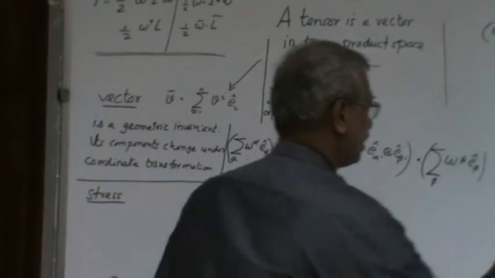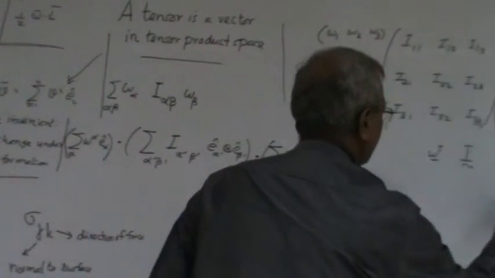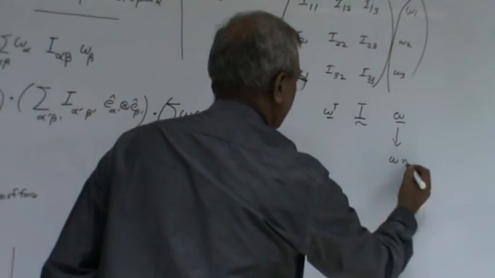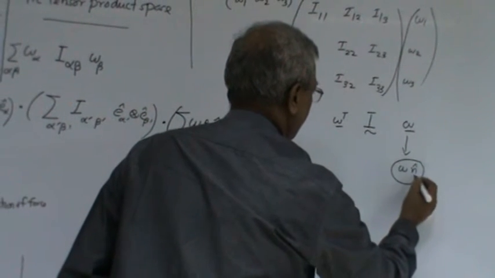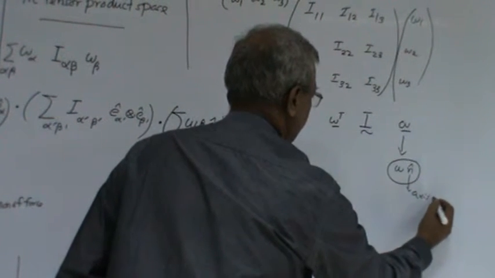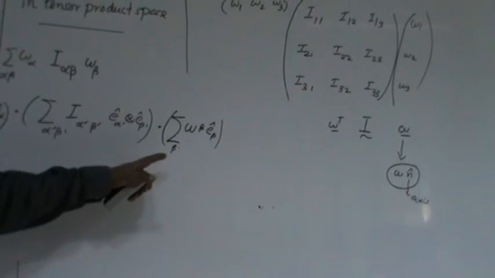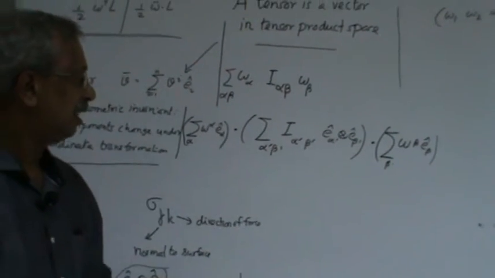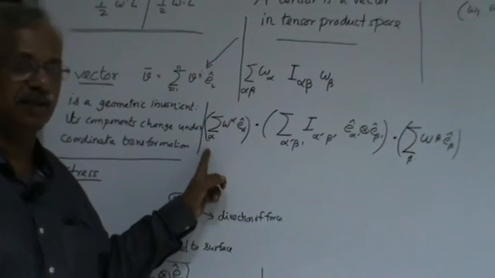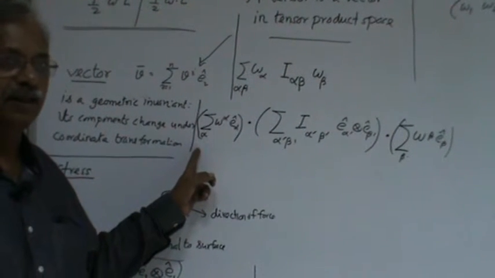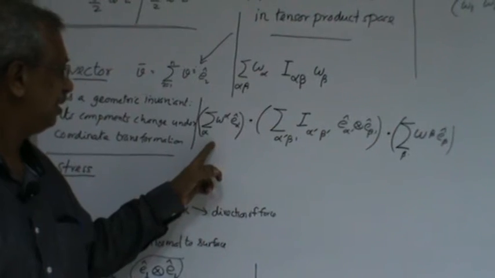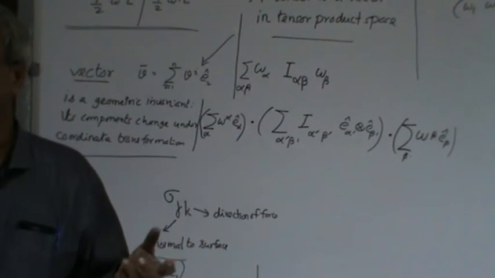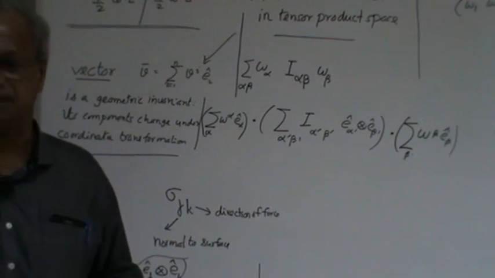The vector omega corresponds to the magnitude omega multiplied by the direction of the axis of rotation. So this is one vector. Same vector. I've used different indices to label them because whatever label we have used here is a dummy index. Omega 1, E1, etc. This is what it represents.